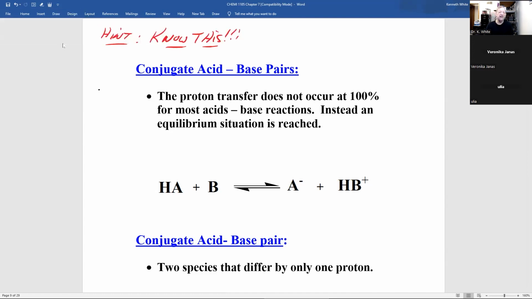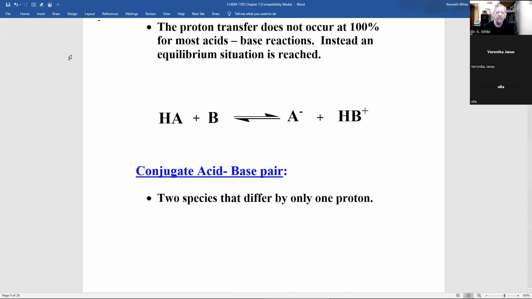In acids and bases, we have what's known as conjugate acid-base pairs. And first of all, I have to teach you something. Proton transfer between an acid and base doesn't occur 100%. Some are pretty close to that, but it's not 100%. And it has what's called an equilibrium.